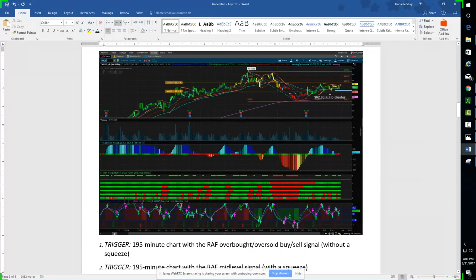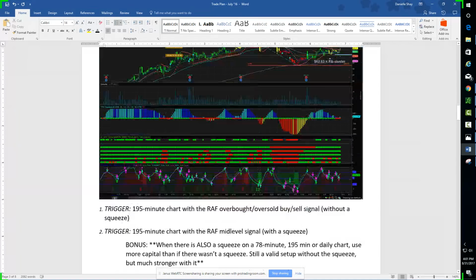And you guys are going to have this document afterwards to refer to, and hopefully it'll be really clear and you can ask me questions about it later. All right, so my trigger for the trade: 195-minute chart with the overbought, oversold. I can give you a document about how to read this Ready Aim Fire indicator, because if you're going to be paying attention to my trading, I use it all the time.